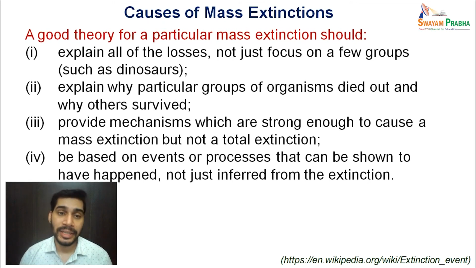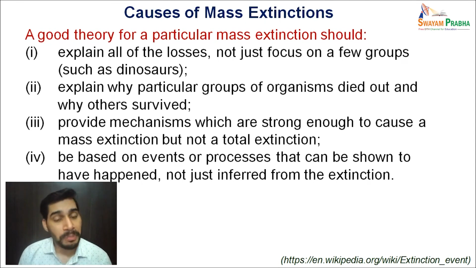Secondly, it should explain why particular groups of organisms died out, whereas some others could survive that particular mass extinction event. So if you are proposing a particular cause for a mass extinction event, you should have a justifiable answer to tell why these organisms only died whereas others could survive. Third is the mechanisms which are strong enough to cause a mass extinction but not a total extinction.